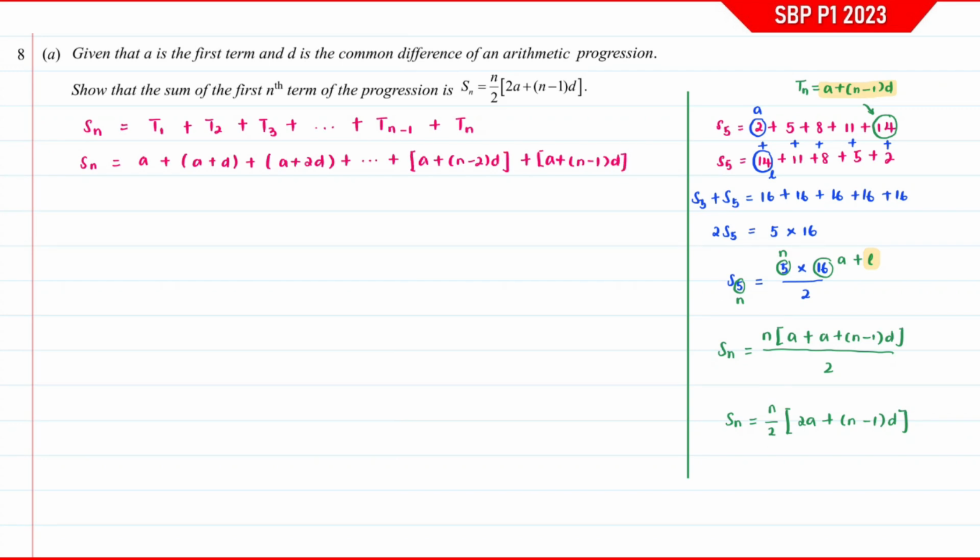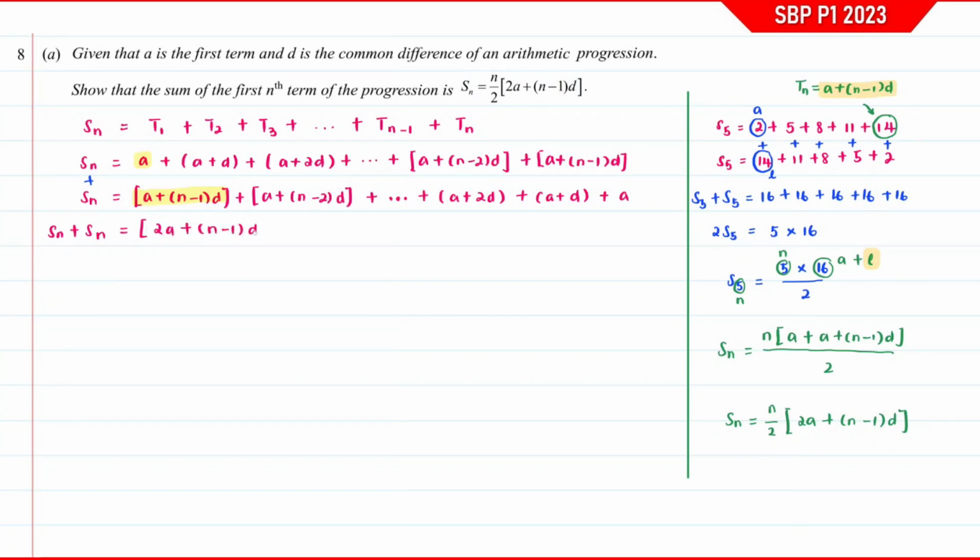Next, we're going to duplicate this Sn and rearrange it in reverse order. So now if we sum these two Sn together, the term that we're going to get is the first term plus the last term, which is 2a plus (n minus 1)d.